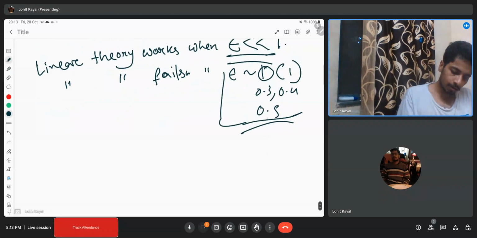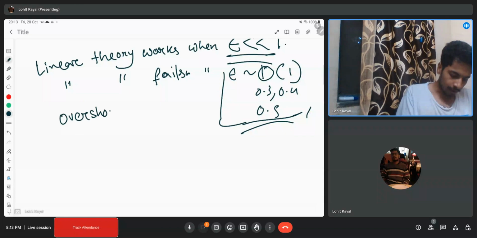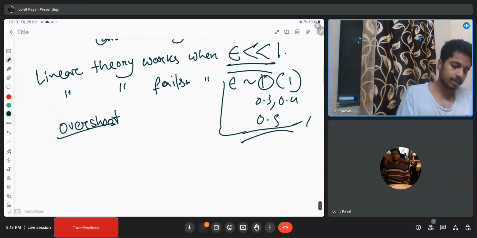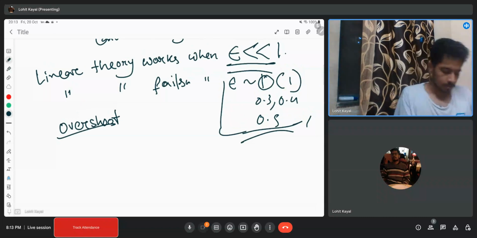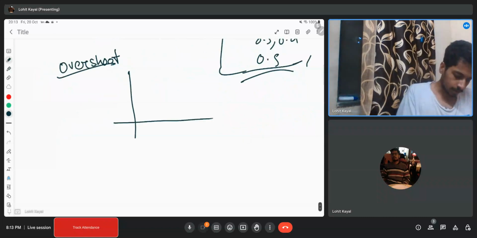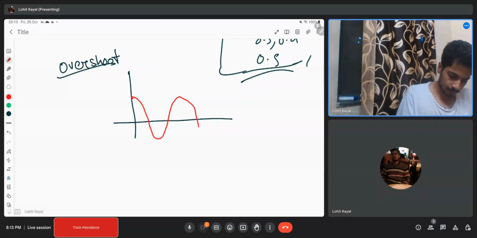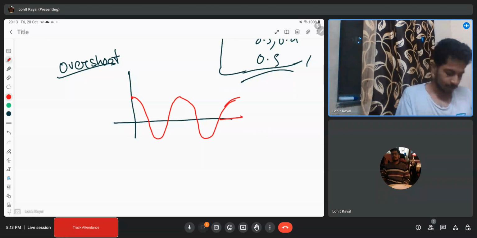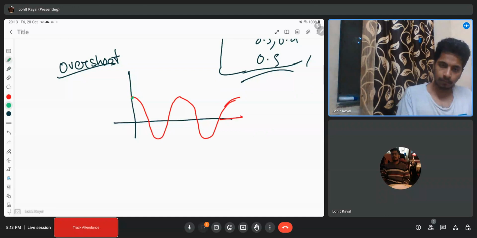In the weakly nonlinear regime, overshoot occurs. I have discussed overshoot. If I draw a picture, it will be better. Initially, suppose your wave is starting from here. The red one is the initial interface, and the green one is after one time period.